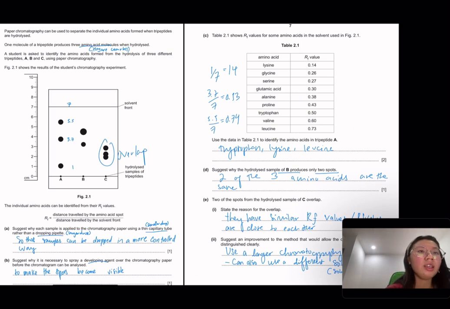Okay, question C. Table 2.1 shows RF values for some amino acids in the solvent used in figure 2.1. Use the data in table 2.1 to identify the amino acids in tripeptide A. Again, you can use any point of the spot, but it's advisable to use the middle part.